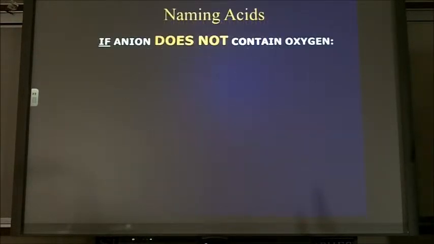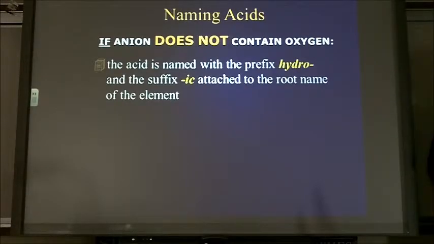So naming the acids, that was just the polys. If we have an anion, what's an anion? A negatively charged particle, or in most cases, the nonmetal. If our anion, or our polyatomic, or our nonmetal doesn't have an oxygen, we put the prefix hydro in front of the acid name, and then we drop the last syllable or last 2 syllables and put ic.